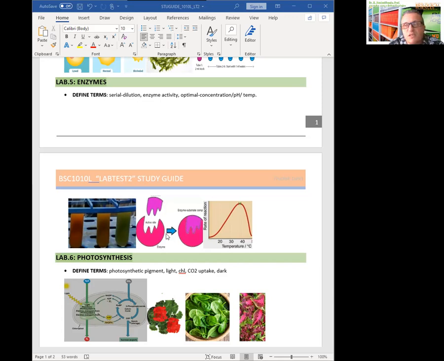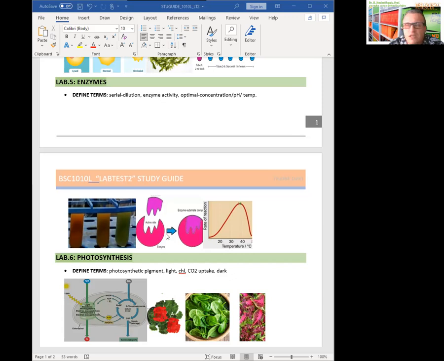And always remember, enzymes are proteins, so anything that applies to proteins applies to enzymes, including denaturation. In extreme conditions of high temperature or pH, they can denature as proteins and go back to their primary structure. Okay, so that was lab number 5, which is enzymes.